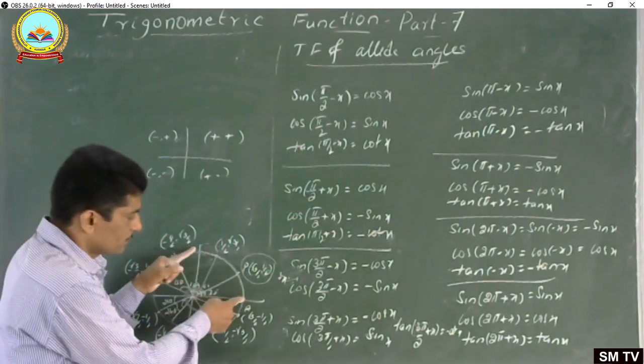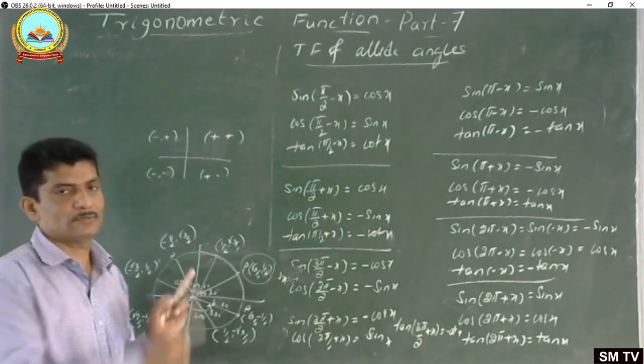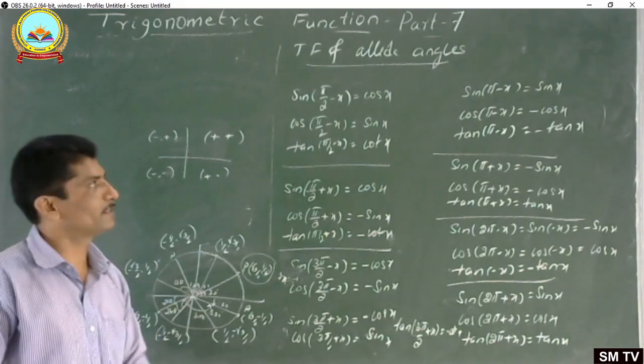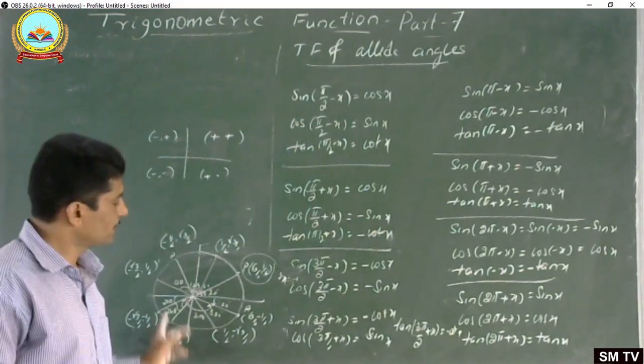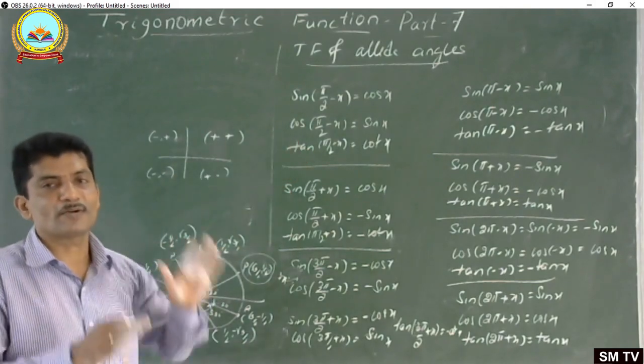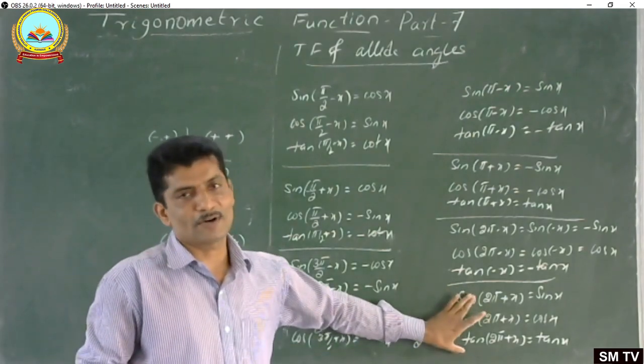Just remember the results from 0 to 90. If you know all the standard angles from 0 to 90, then for angles greater than 90 and less than 360 you find the trigonometric ratios using allied angles. For angles greater than 360 degree, use the periodic functions.